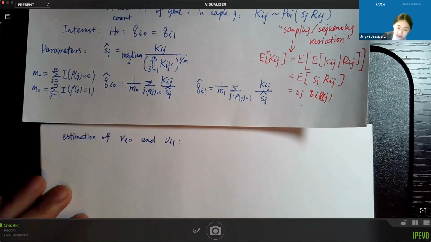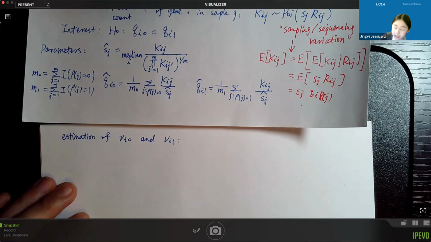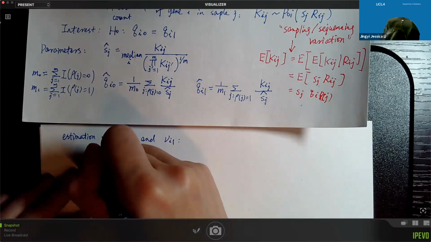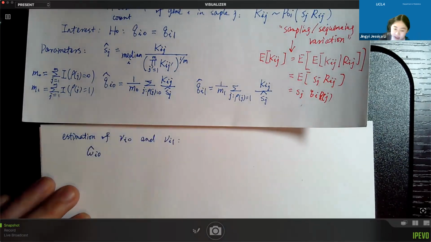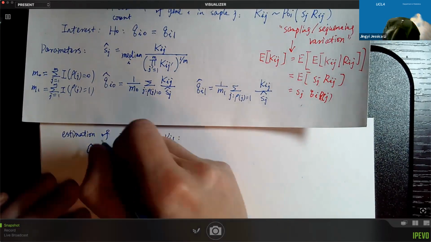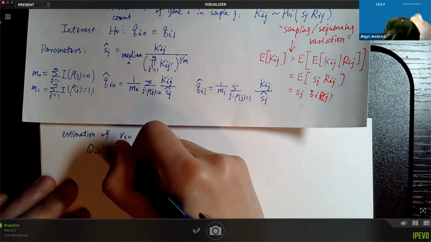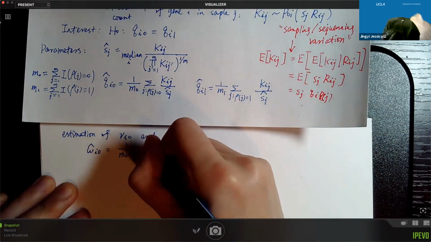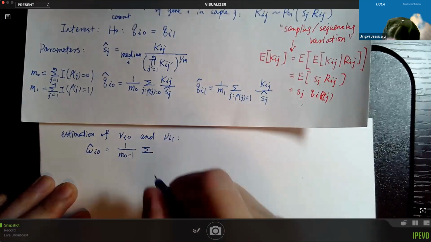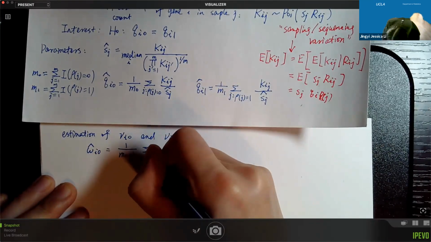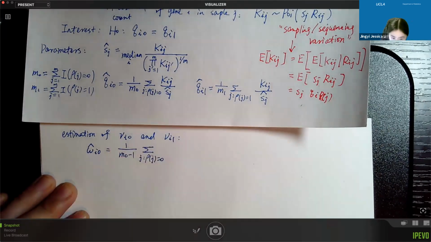The first step is that they propose something intermediate. They call that omega hat I0. And this is the naive estimator we can think of. It's 1 over M0 minus 1. And the summation is still over the samples so that their condition is 0.